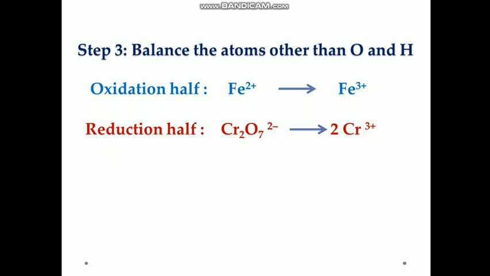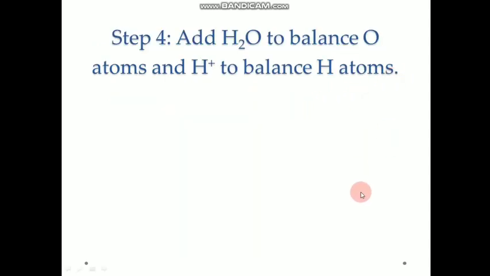Now moving on to the fourth step, where we balance oxygen and hydrogen. In this step, we balance oxygen by adding H2O. However much oxygen is remaining or deficient, that much H2O we can add there.